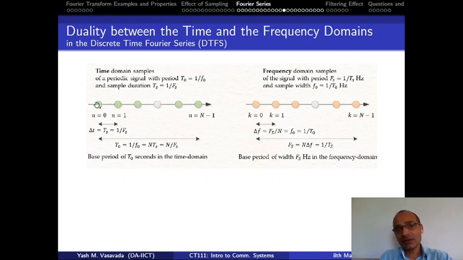The input to the FFT function of MATLAB, or my Fourier transform function, is capital N samples, and those samples are t of s seconds apart. F of s is 1 over t of s, and it indicates the sampling rate in the time domain. So the inverse of t of s, the inverse of the separation in the time domain, becomes the period in the frequency domain, f of s.